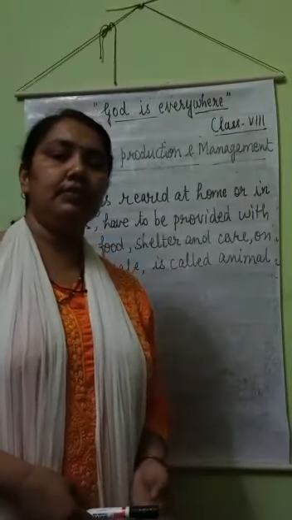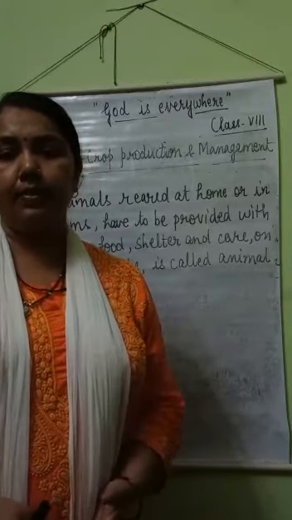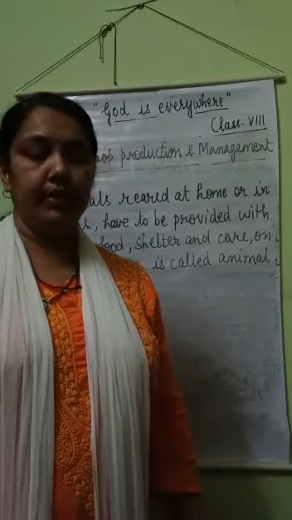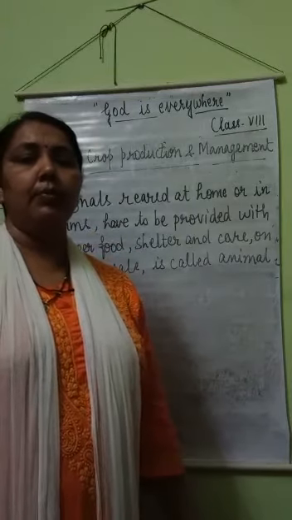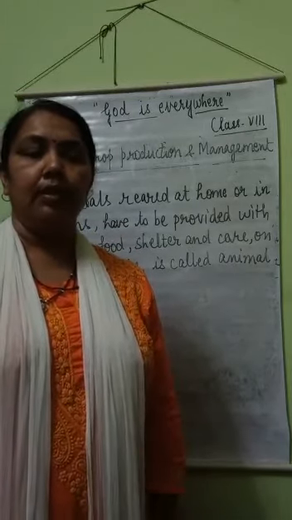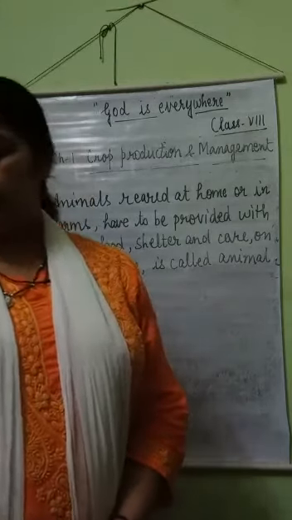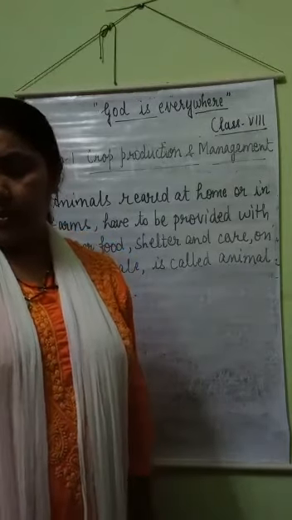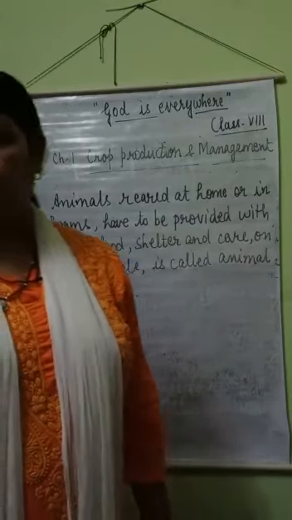So we have just seen that crop production involves many steps like preparation of soil, sowing of seeds, adding manure and fertilizers, irrigation, protection from weeds, harvesting and storage. Just like that, animals reared at home or on a farm have to be provided with proper care, shelter, and food.